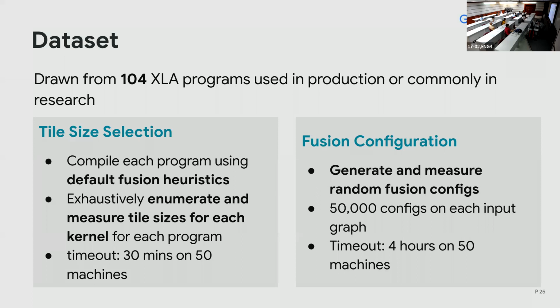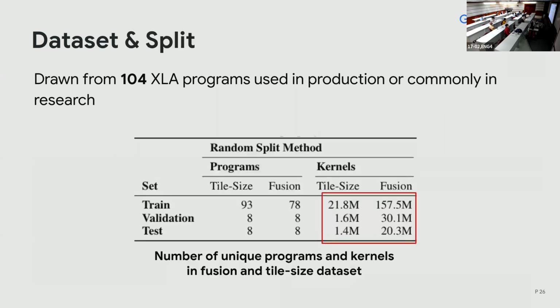For fusion workloads, instead of using the default fusion configuration, we randomly generate different fusion configurations to get different arbitrary fused kernels. And for each of them, we then use the default tile size to get the runtime. So overall, there are about 100 graphs that we use to generate the data, but the number of data points is quite high because for each graph, there are a lot of tile size and fusion configurations. So we have about 10 to 100 million data points.